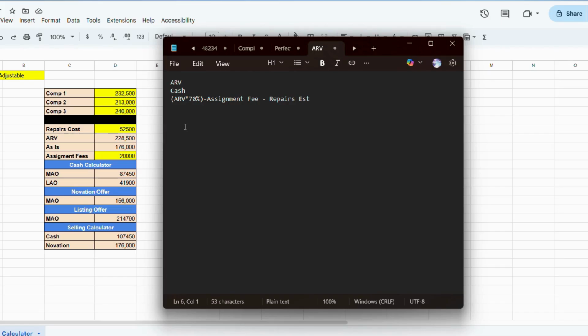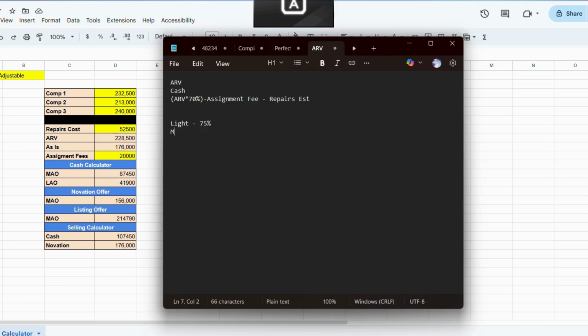Now, it doesn't make sense to me to estimate a property that needs light repairs by multiplying by 70%, just like a property that needs heavy repairs or maybe a full gut, right? So what I like to do is, for properties that need light repairs, I want to multiply that by 75%.